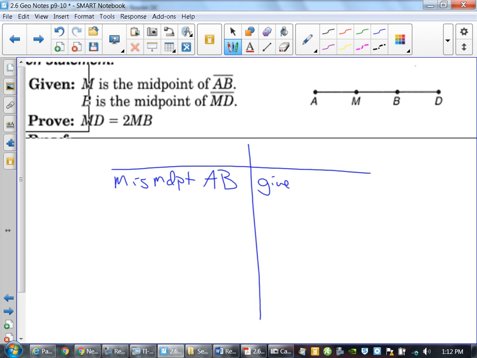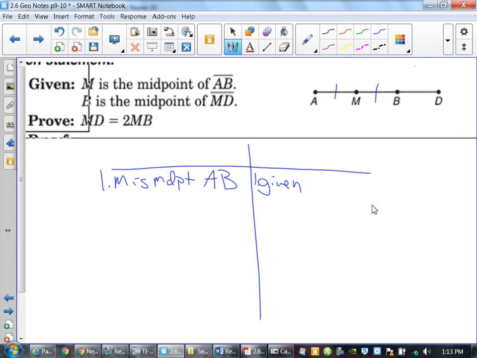Given. So if M's the midpoint of AB, my progression sheet tells me to state some segment equals to some other segment. Well, in order to figure out which two segments they are, you go to your diagram and go, hallelujah. They're right there. And then you know which ones to write down.